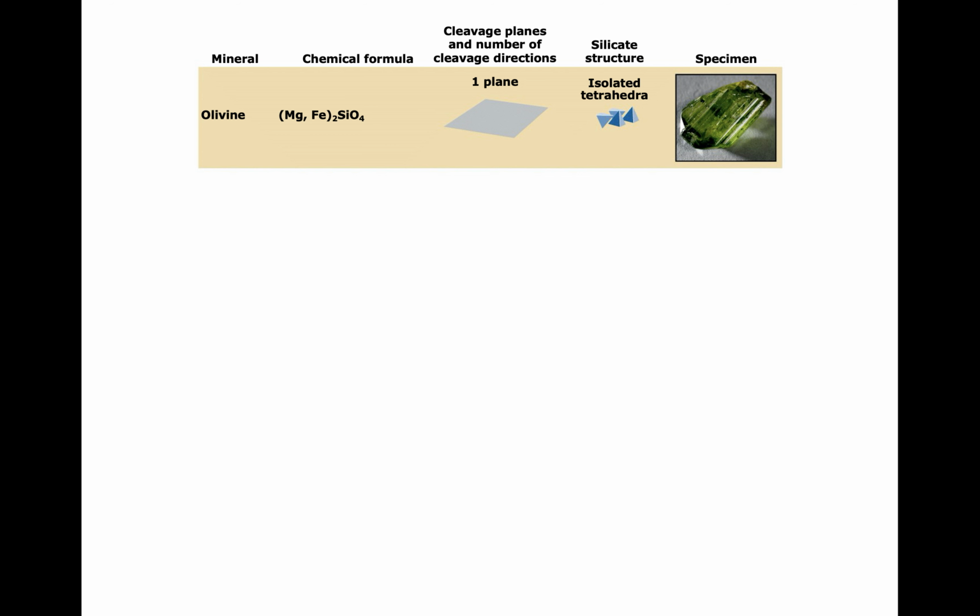It has the chemical formula, depending on whether we are talking about the forsterite end member, Mg2SiO4, or a mixture between forsterite and fayalite, MgFeSiO4. For the cleavage planes and the number of cleavage directions in olivine, we have one plane, and the silicate structure is isolated tetrahedra.